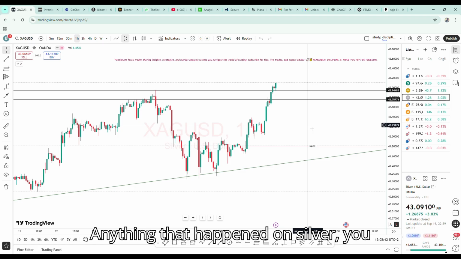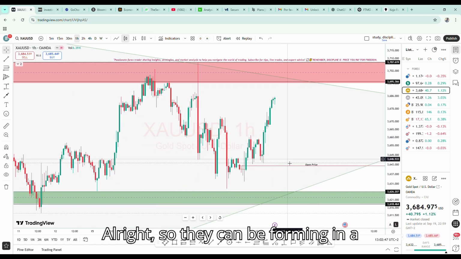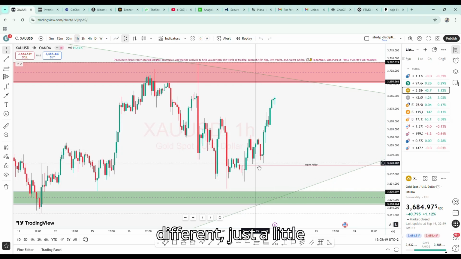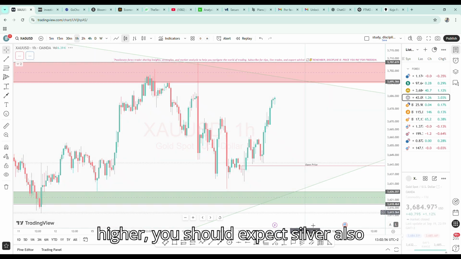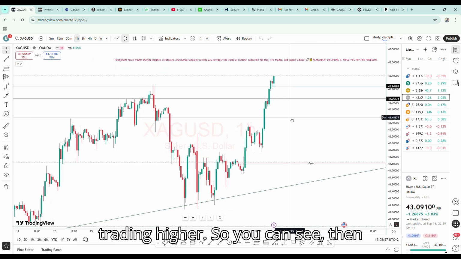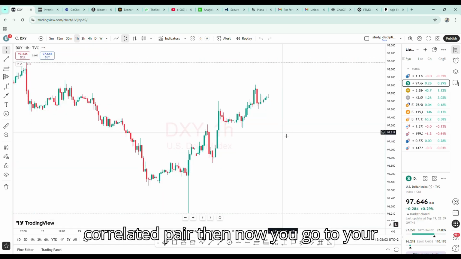Anything that happens on silver, if you go on gold, you see the same thing happening. They can form a little differently, but if gold is trading higher, you should expect silver also trading higher. These are just comparisons, correlated pairs.